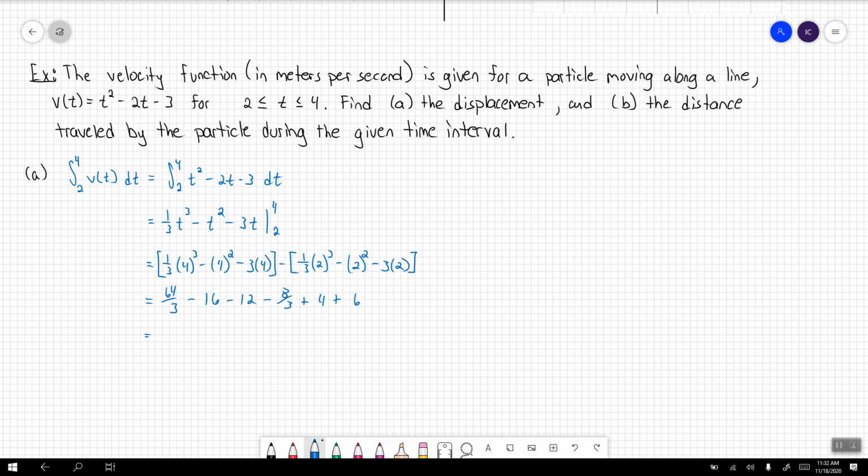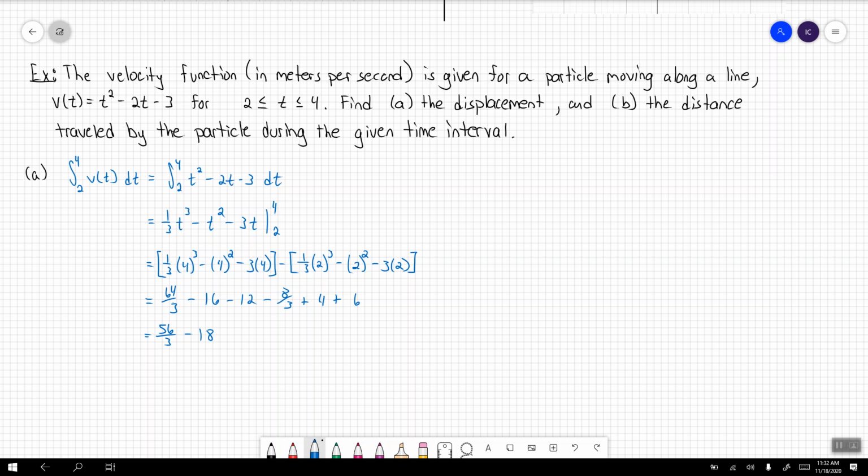Okay, we're going to go through and evaluate some of these fractions. 64 over 3 minus 8 over 3, that means we just subtract 64 minus 8. 64 minus 8 should give us 56. So we get 56 over 3. Then 16 minus 12, that should get us negative 28. Negative 28 plus 10, that should get us negative 18.